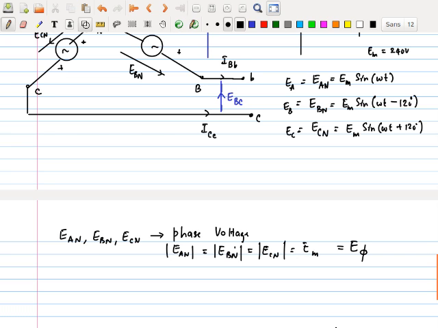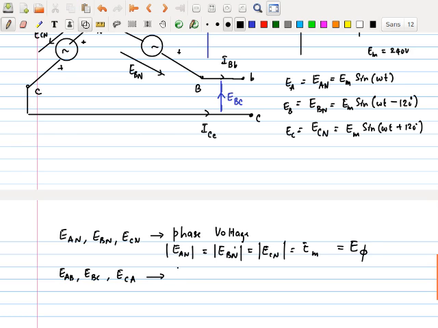You will also notice in the future that if it is a generator, all voltages are denoted by capital E. So if you see that E, you know that is a voltage associated with a generator. Then we have E of AB, E of BC, E of CA.